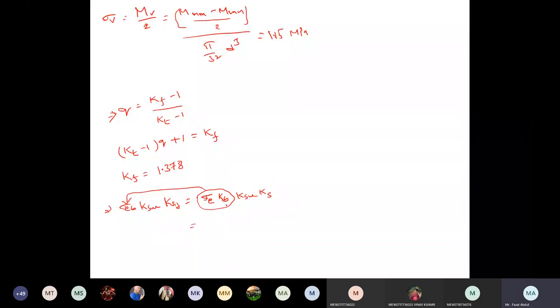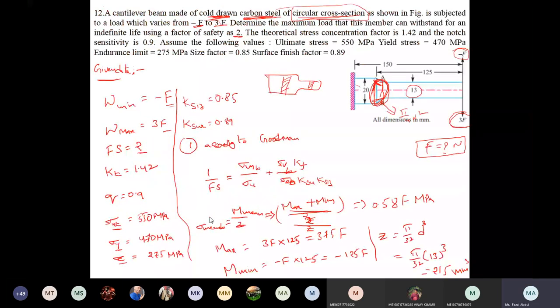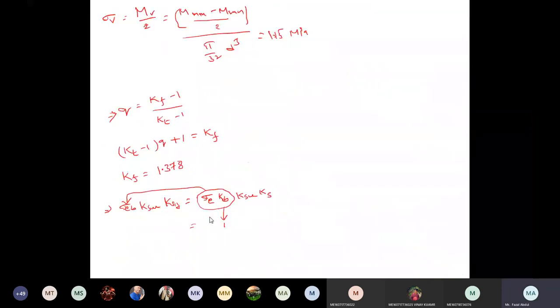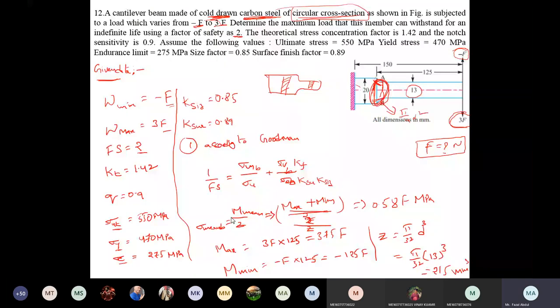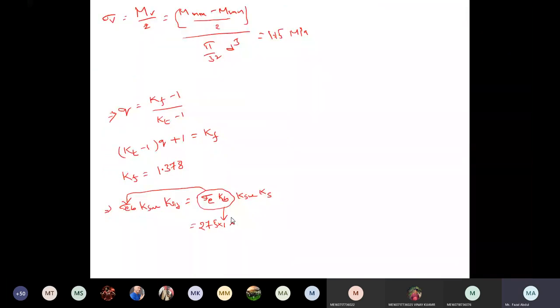KB value is 1 for bending load, 0.88 for the axial load, 0.75 for the shear load. Like that I have given the values in the PPTs. Go through the PPTs. And sigma E value, how much is given? Sigma E value is 275, into 1, into surface factor. K surface is 0.89, K size is 0.85.